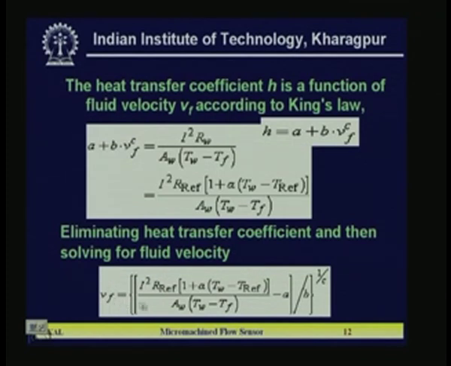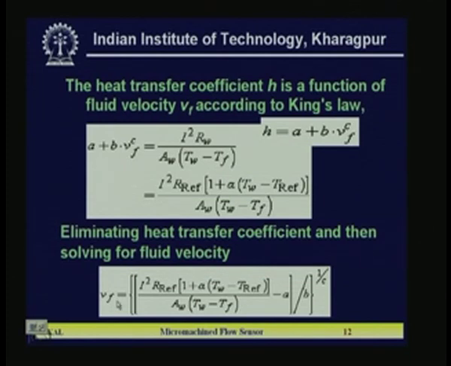Vf, the fluid velocity, is equal to I square Rf into 1 plus alpha into TW minus T ref, divided by AW into TW minus TF, minus A by B, whole to the power 1 by C. So that is the fluid velocity which we found.